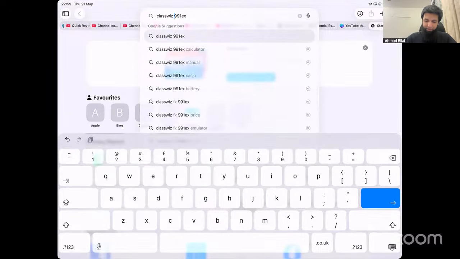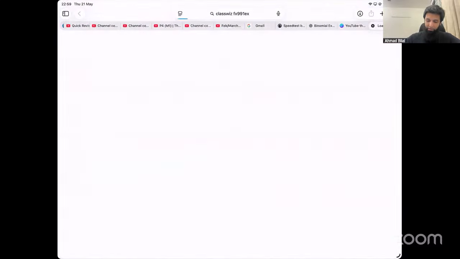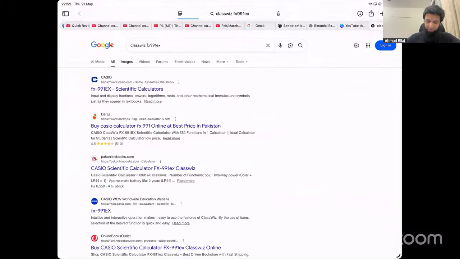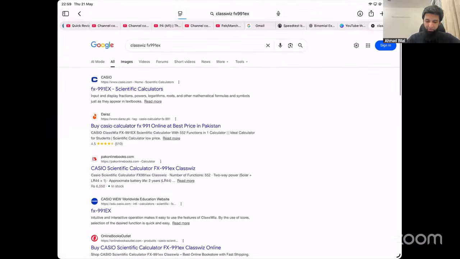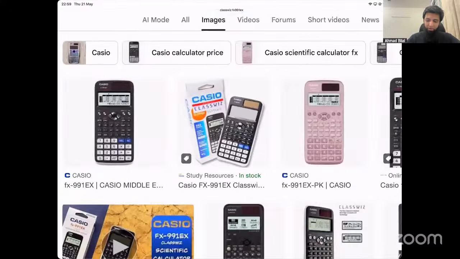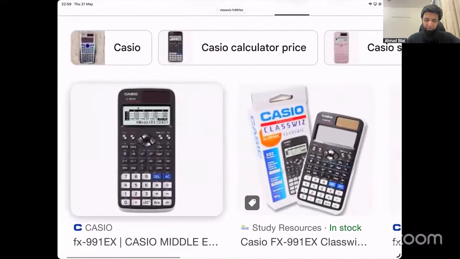This is FX991EX. It's this model that you must have seen many people have, this white model. I recommend all my students this model because it helps in a lot of calculations. It will help you a lot in A levels as well later on.